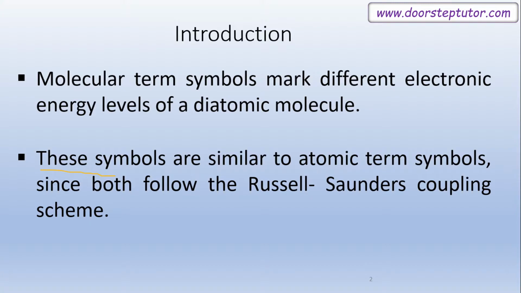In this case, both the molecular term symbols and atomic term symbols follow the Russell-Saunders coupling scheme. The Russell-Saunders coupling scheme we can also call a spin orbital coupling scheme.